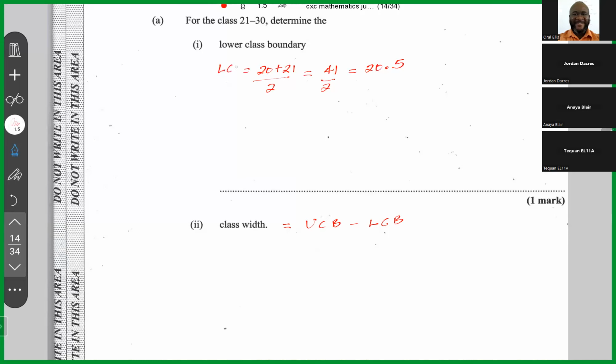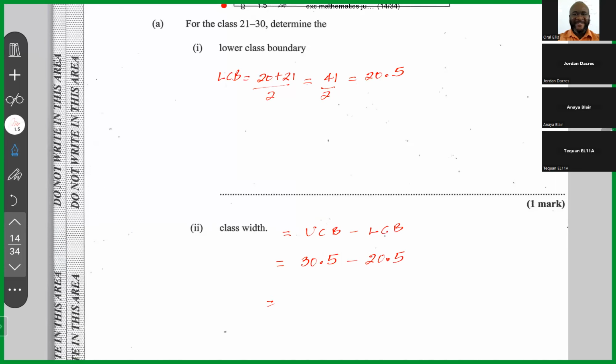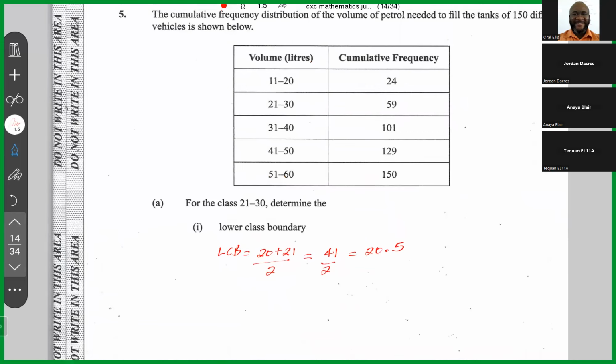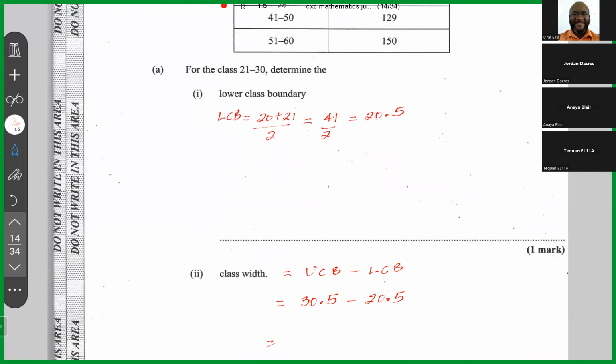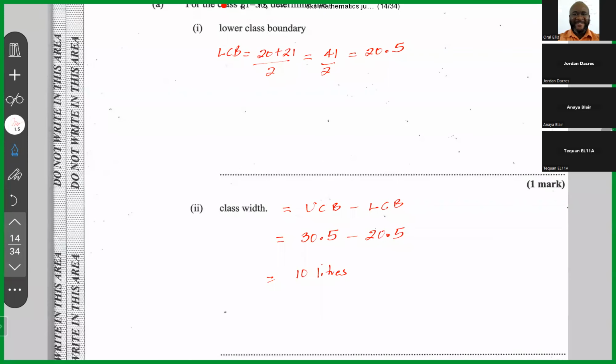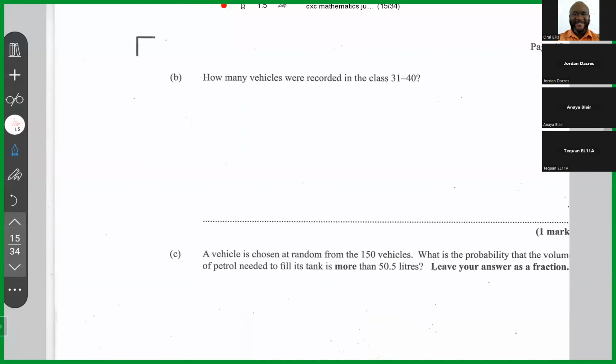So the upper class boundary would be 30.5 minus the lower class boundary, which is 20.5. So the class width would be 10 liters. Let's go back and see if we missed anything.